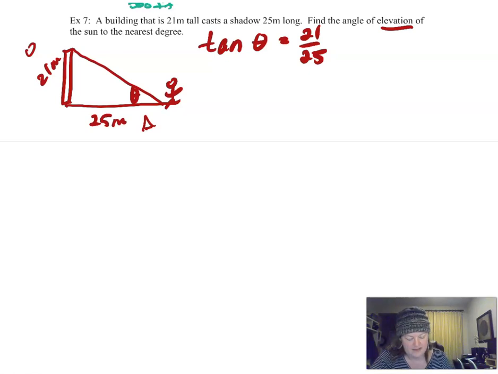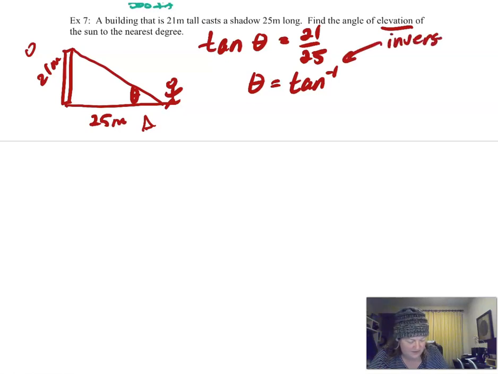All right, and next thing I want to do is get rid of the word tangent. So the way you get rid of the word tangent is we're going to use what's called an inverse. So on the other side, I'm going to write tangent with a -1, which just means inverse. That's all it means. It's not a mathematical term of 1 over tangent or anything else like that. It just means inverse. And then I keep the 21 over 25 fraction right where it is.